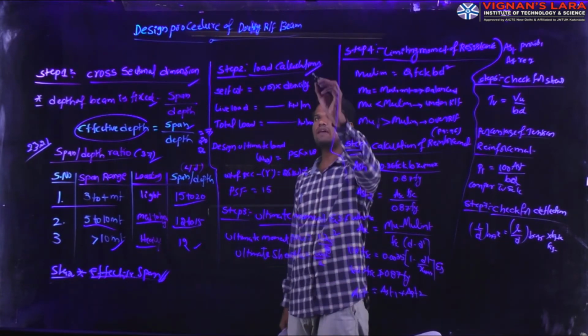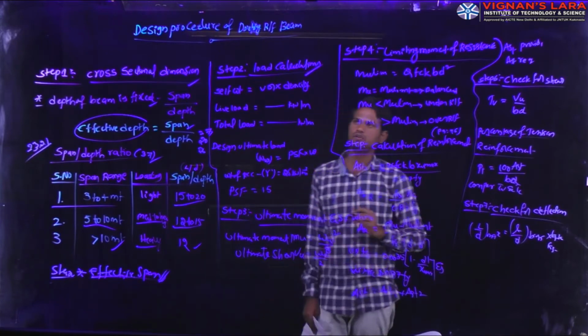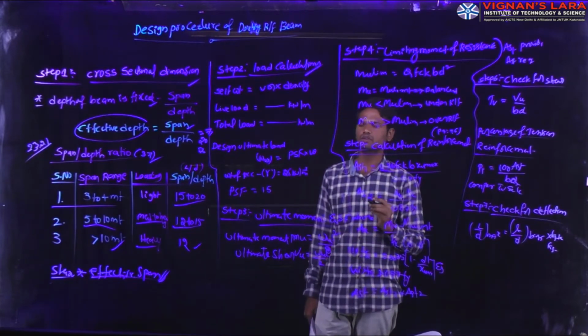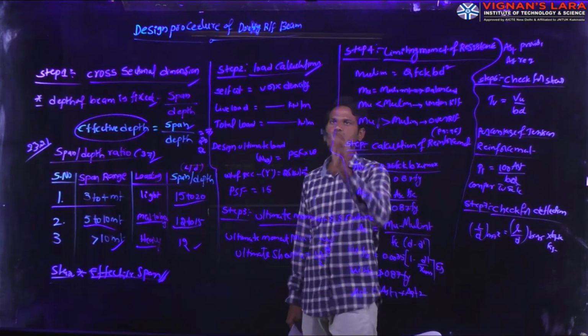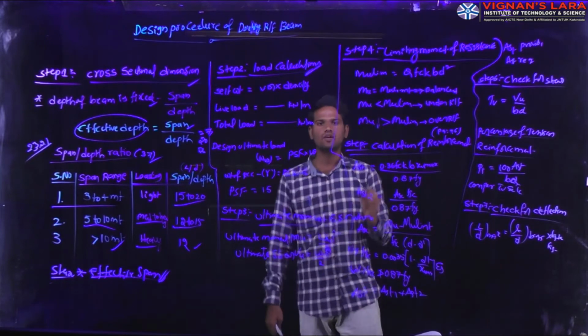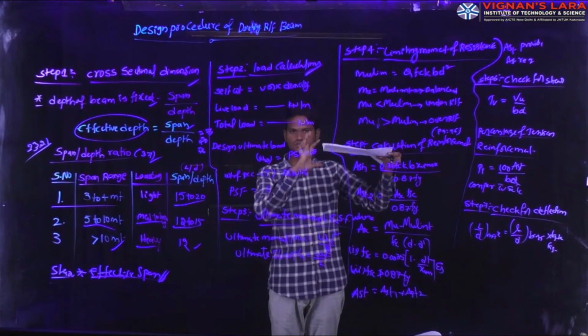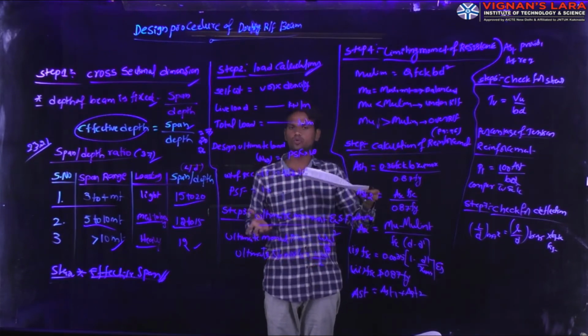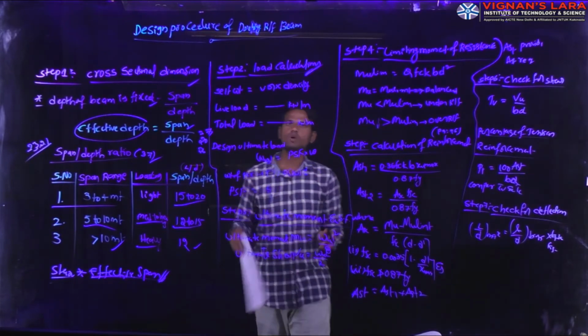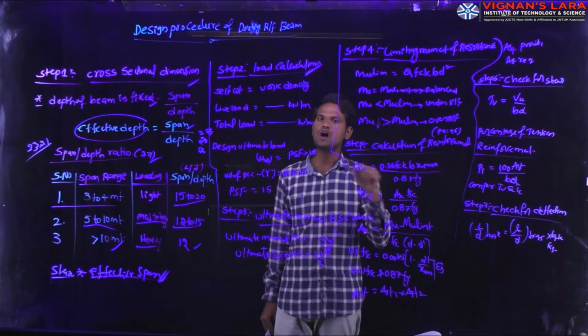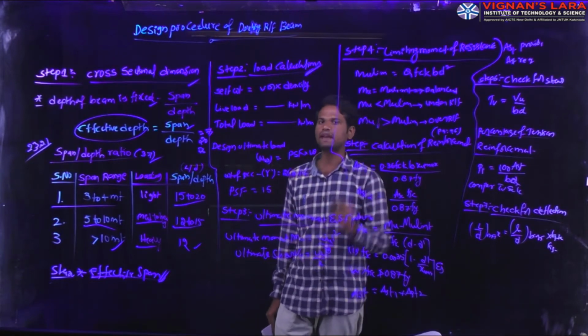Next we have step number 2. Step number 2 is nothing but, after calculation of effective depth and effective span, the loading condition. For a particular type of beam, how much length you are providing, how much depth you are providing. After knowing all these parameters, we have to calculate how much load is going to act on the beam.